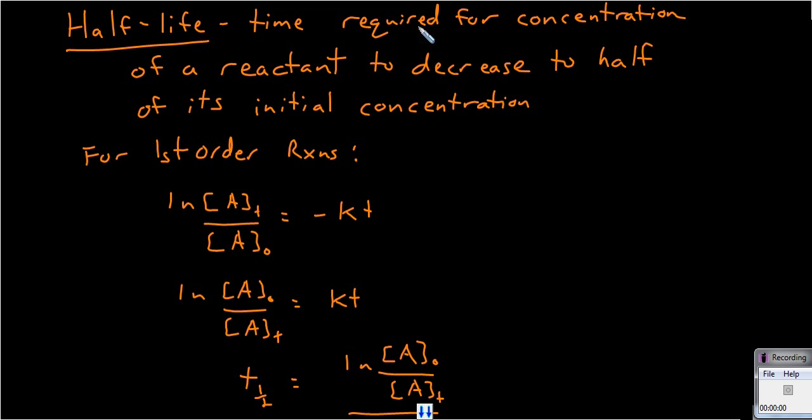Half-life is the time required for the concentration of a reactant to decrease to half of its initial concentration. So how much time does it take for half of your compound to react?